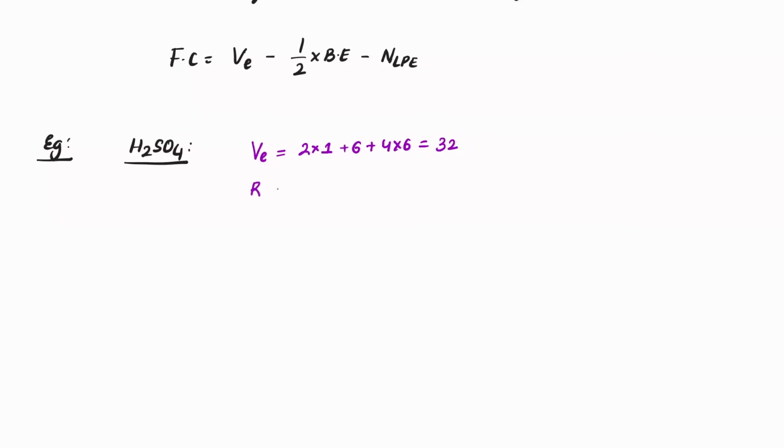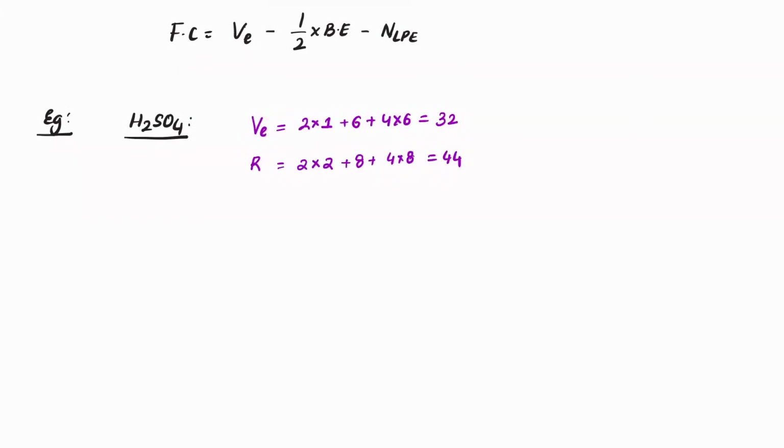I told you that R is the ideal number of electrons required for every element to get their octet or duplet completed. So two hydrogens should get 2 each. One sulfur should get 8. And 4 oxygens should get 8 each. Okay. So now 8 times 5 is 40, 40 plus 4, 44. So 44 is the ideal number. But how many electrons do we have? 32.